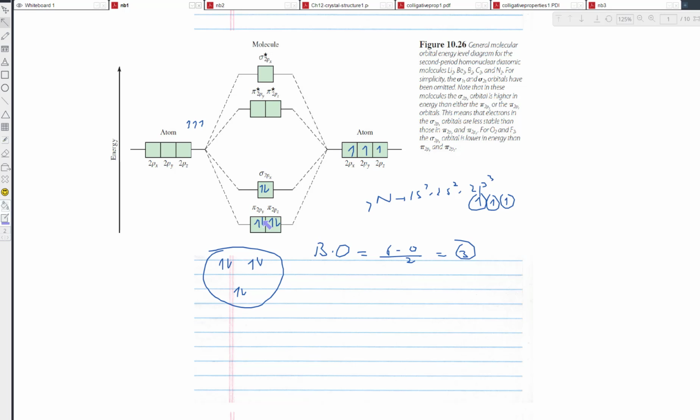I just want to make sure I understand this. Say we used boron, so that's 1s2, 2s2, 2p1. I want to make sure of the order of filling: 1 electron, 2, 3, 4, 5, 6, is that right?